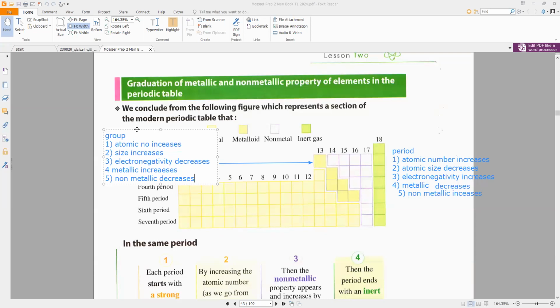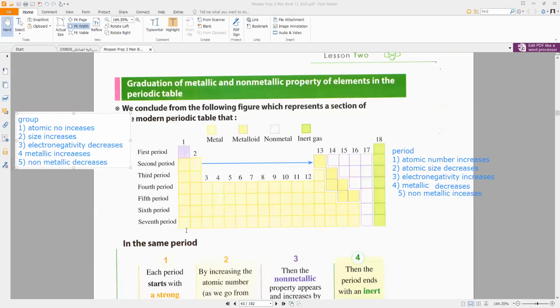In the same group, from up to down, the atomic number increases, atomic size also increases, and the electronegativity decreases because the attraction force between the nucleus and electrons decreases. The metallic property increases as we move down. The strongest metal lies at the bottom element of the group. The non-metallic property is opposite to metallic, so it decreases.